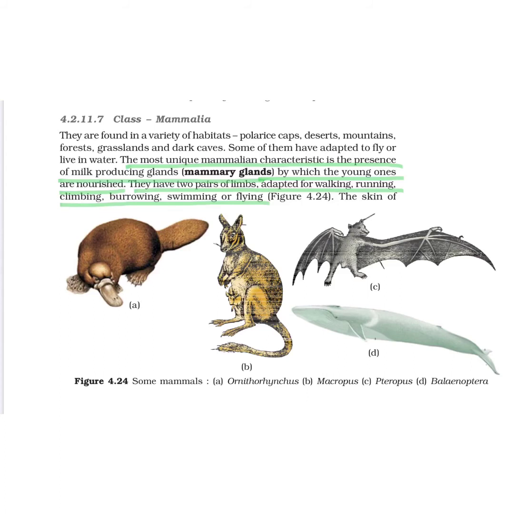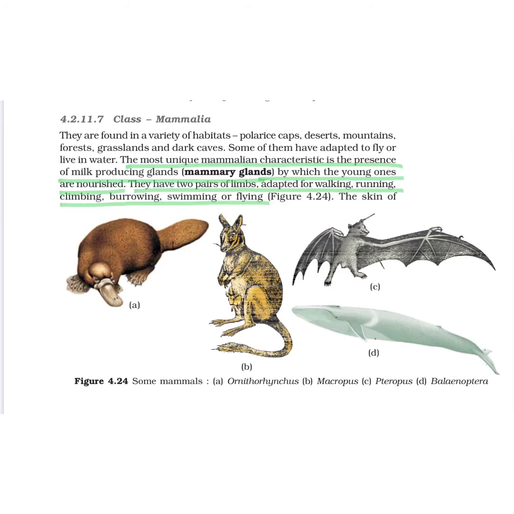The unique characteristic feature is the presence of milk producing mammary glands, which are helpful in nourishing the young ones which are given birth. Mostly these mammary glands are active in females and are only namesake in males. They are present but not functional. So this is one of the important features.